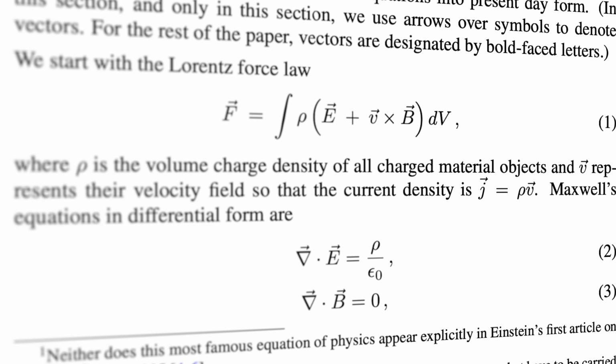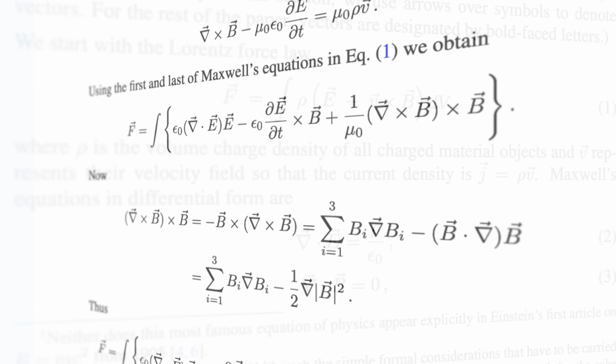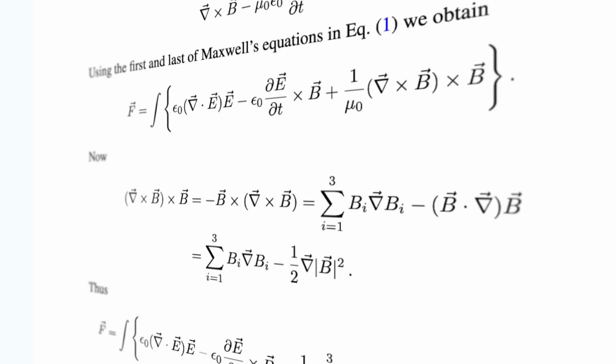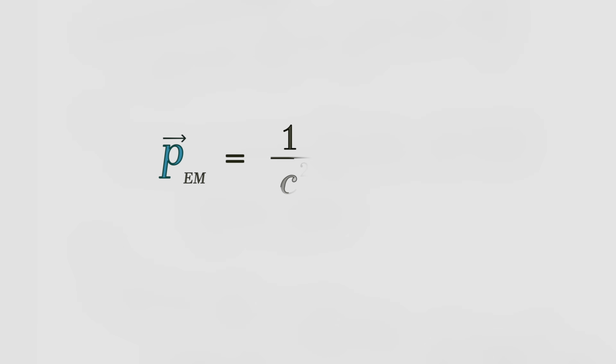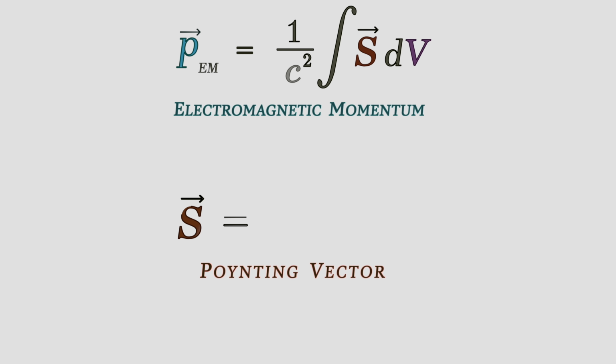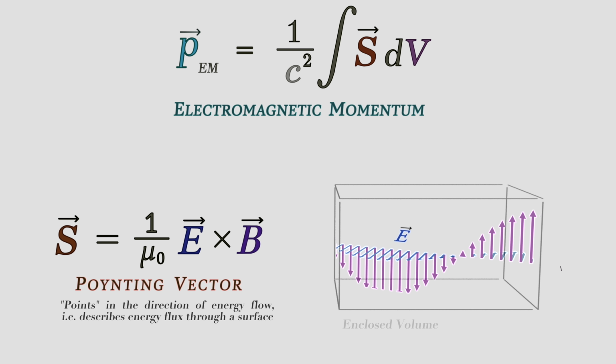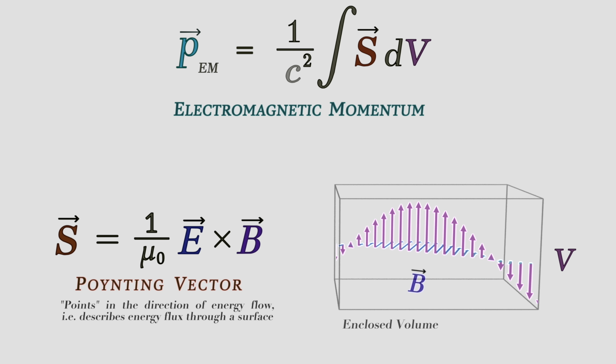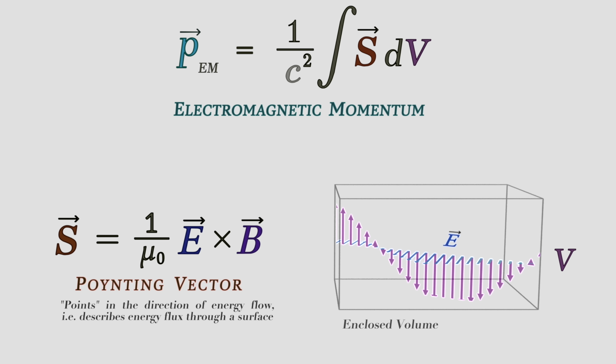Now, after some extensive manipulations of Maxwell's equations, Poincaré found the desired quantity was this expression, 1 over c² times the integral of S dV, where S is the Poynting vector, or 1 over μ0 times E cross B, and V refers to the volume of the enclosed field.